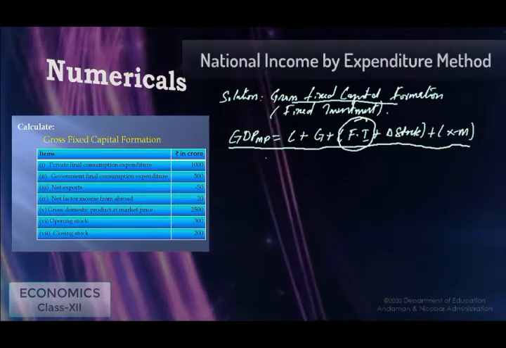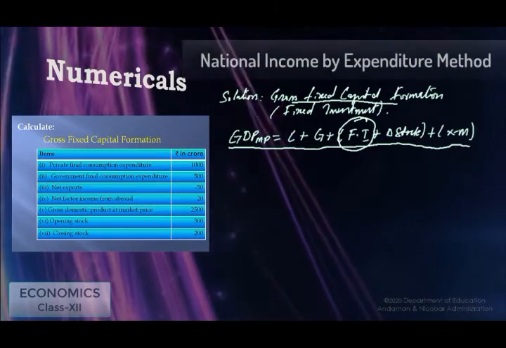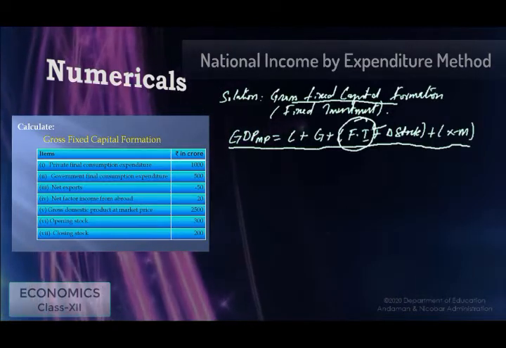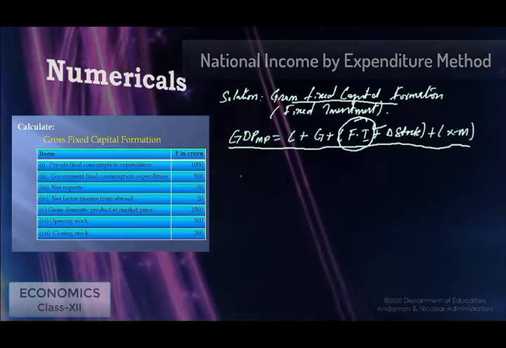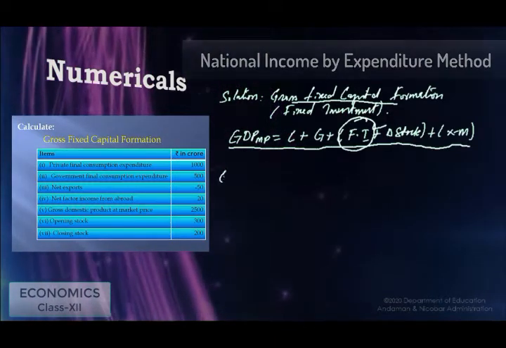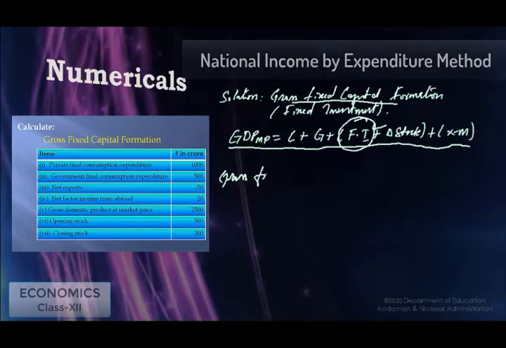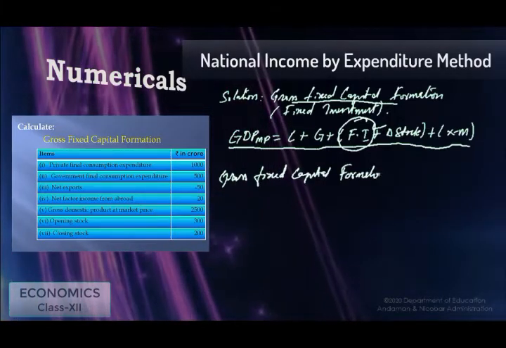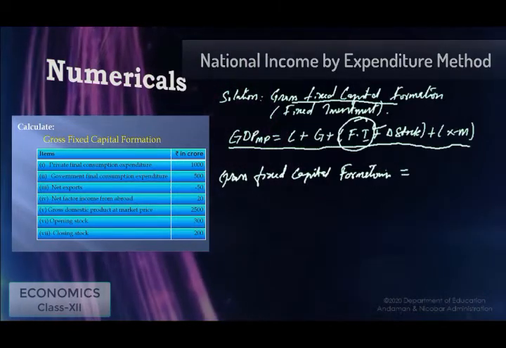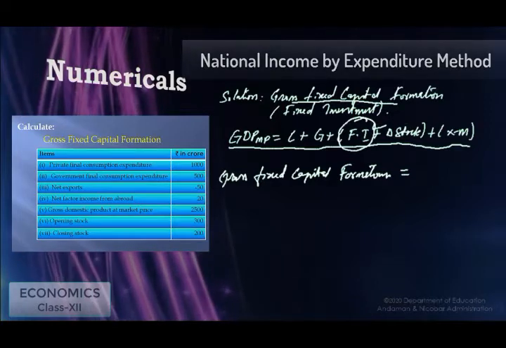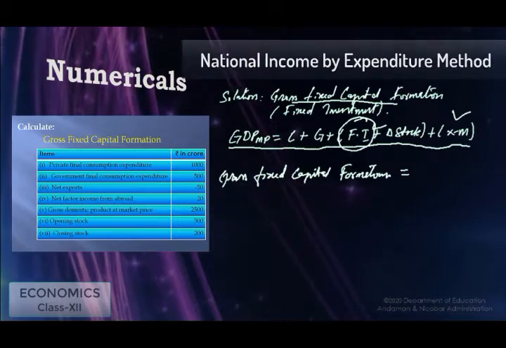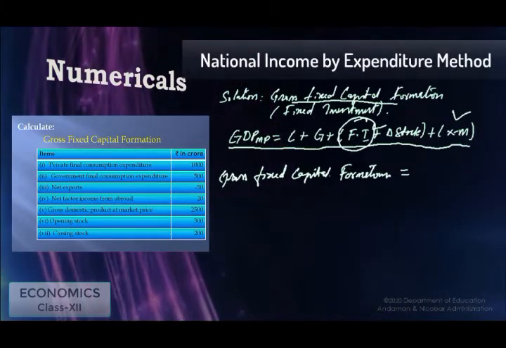By this formula we need to find the value of fixed investment, that is the gross fixed capital formation. So how can we get the formula? When we take the gross fixed capital formation to the LHS, the other values will come to the RHS.